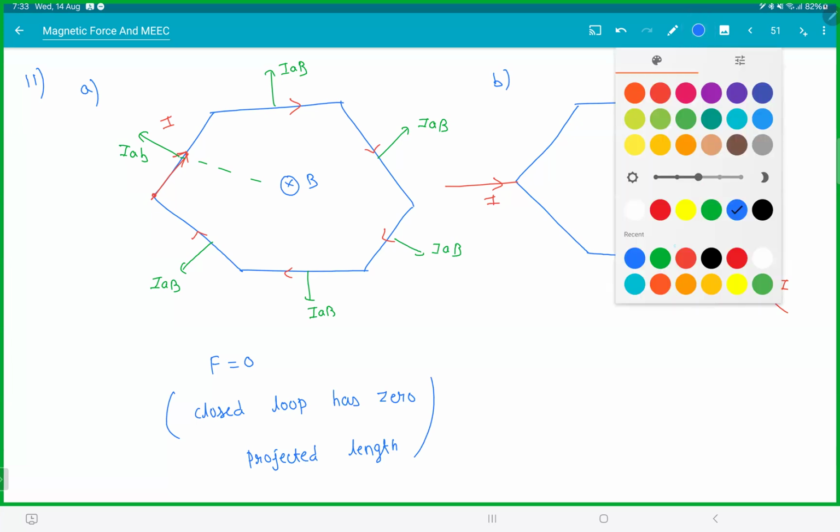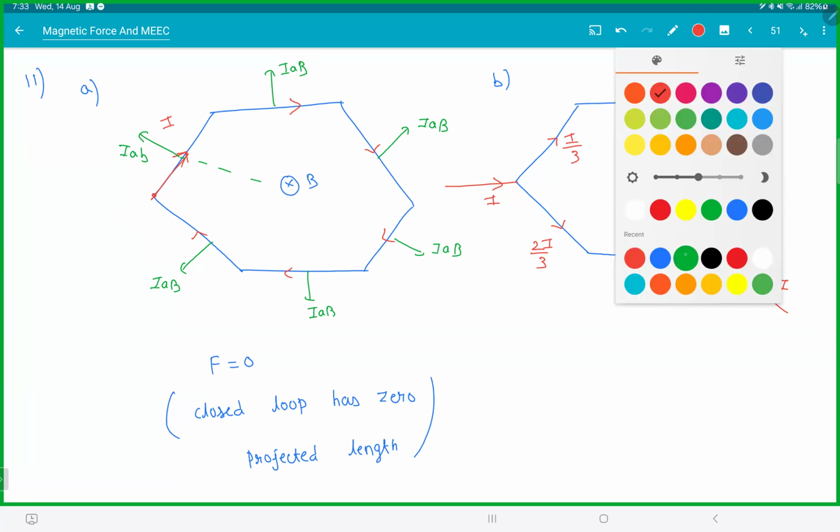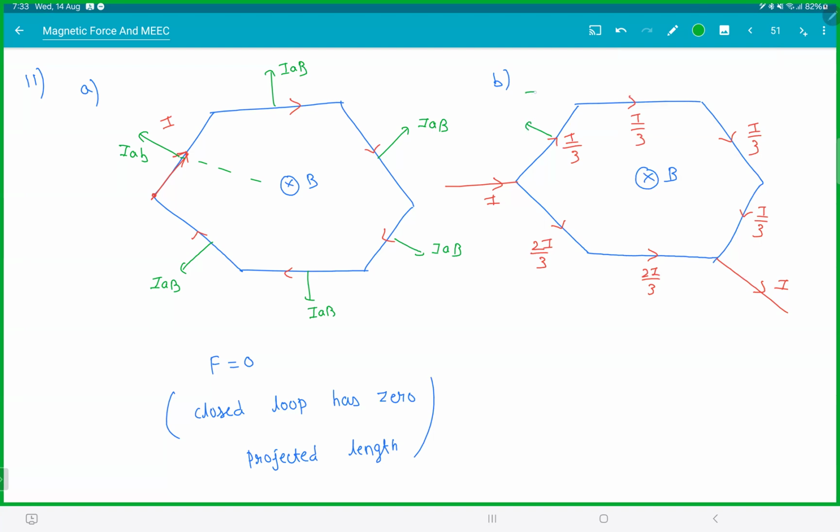Now in the second case, the catch is the current here will be 2I by 3. Current here will be 2I by 3 because there are uniform wires. There's a 4 arc resistance on the top and a 2 arc resistance at the bottom. So if you actually try to calculate, you will get the force I by 3 AB.